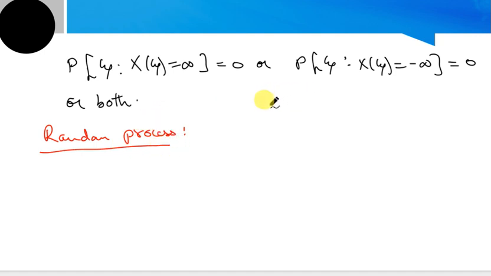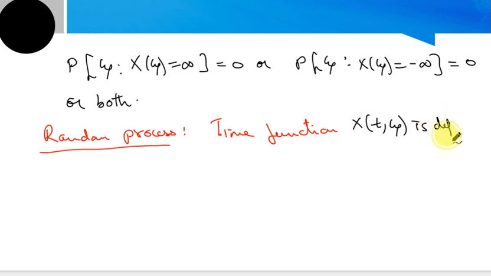So instead of assigning a real value to eta, a time function, let me say x of t comma eta is defined for each eta.